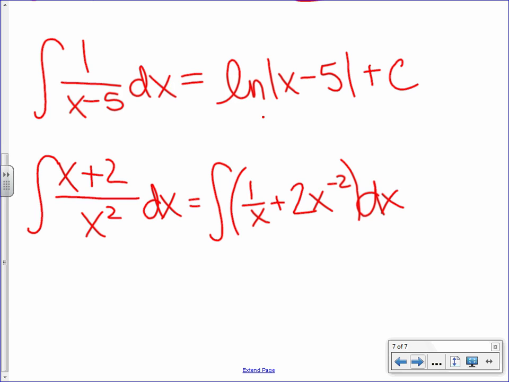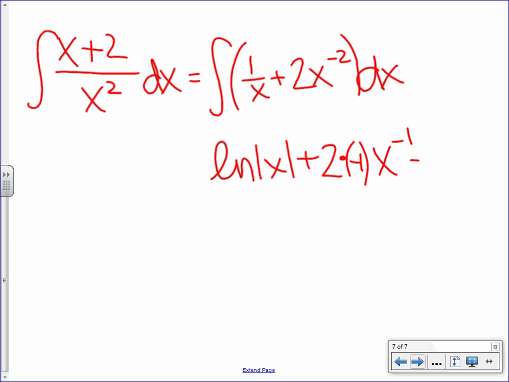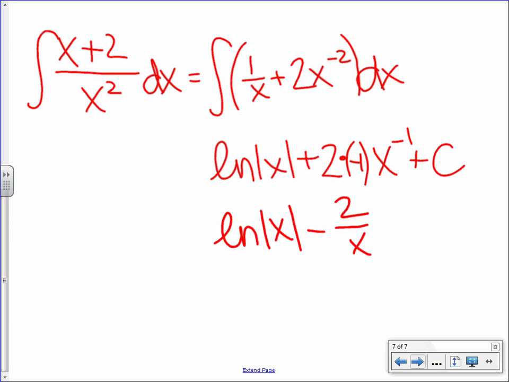So, the antiderivative of 1 over x is the natural log of x, plus 2 times, when we increase the power, we get x to the negative 1, and we'll multiply by the reciprocal. So we have the natural log of the absolute value of x minus 2 over x plus c.